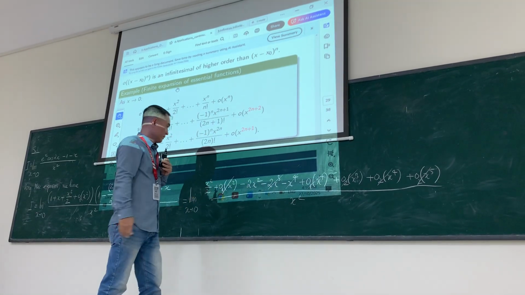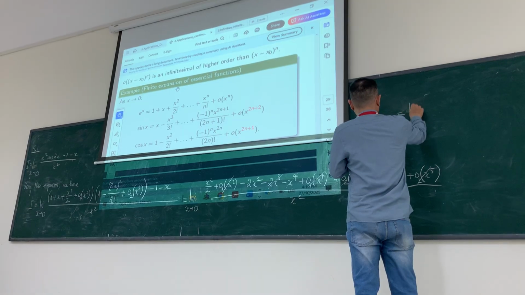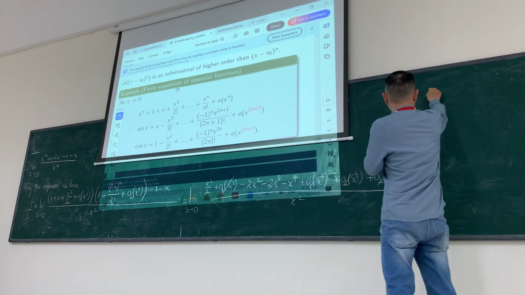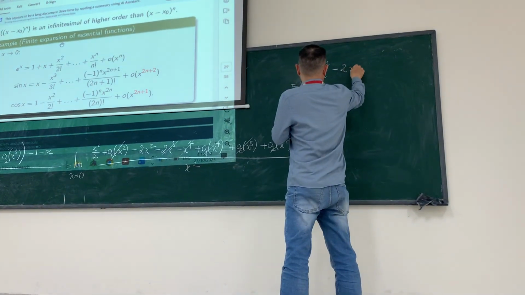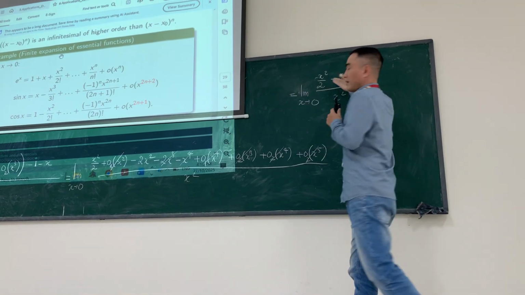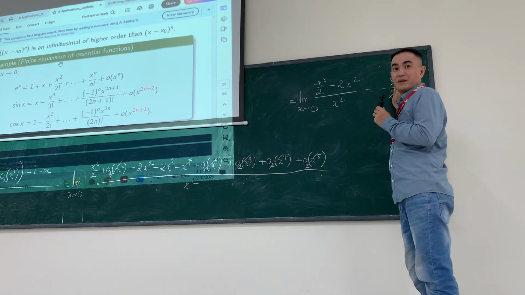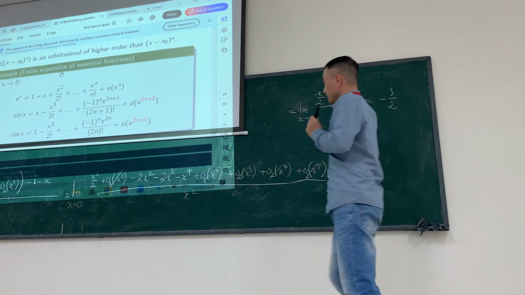From here we can derive the limit: x squared over 2 minus 2x squared over x squared. Very easy to evaluate.